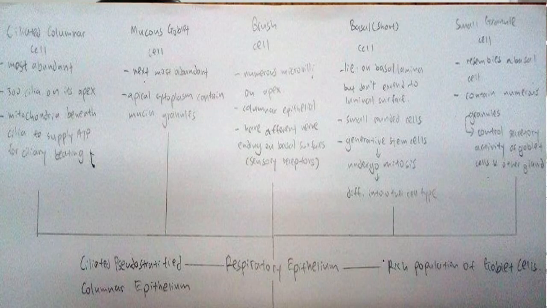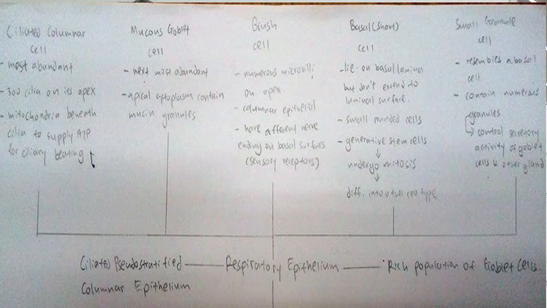The first is the ciliated columnar cell, which is the most abundant type. It has about 300 cilia on its apical surface, and mitochondria can be found beneath the cilia to supply ATP for ciliary beating. Second is the mucous goblet cell, which is the next most abundant type of cell.